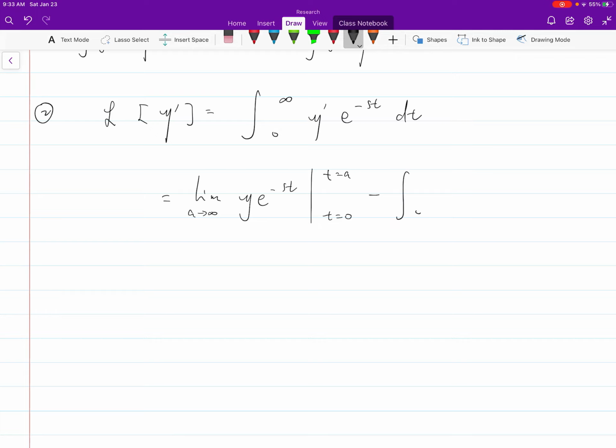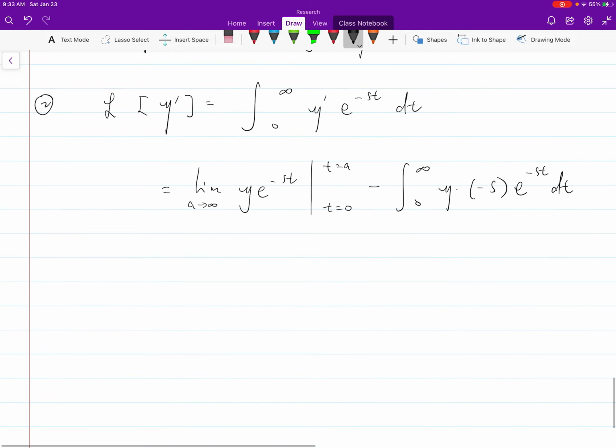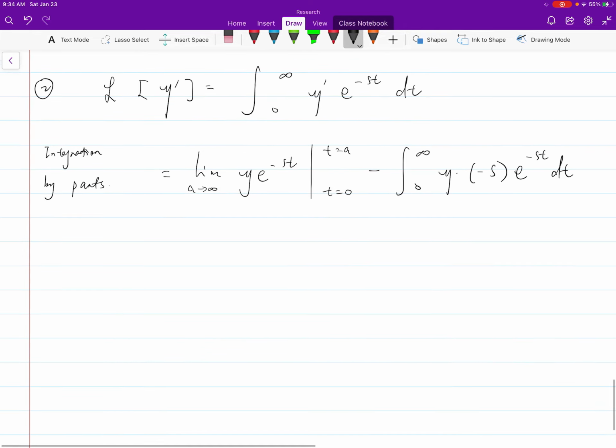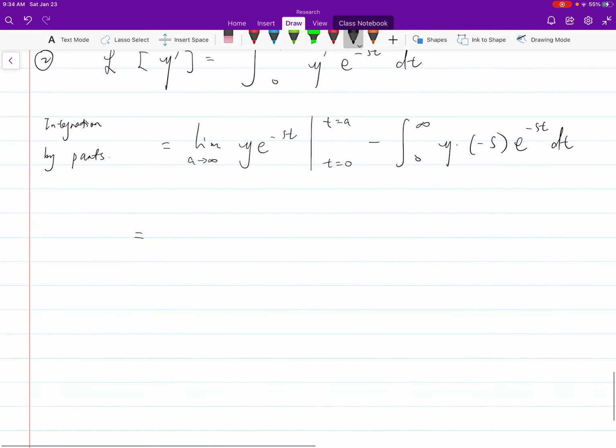Yes, minus the derivative, okay, this is done by integration by parts. Good so far. All right.